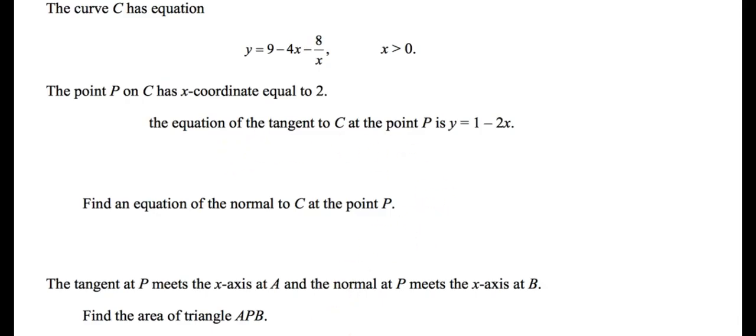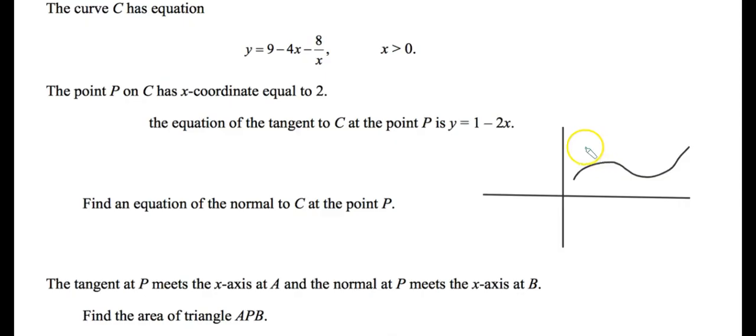So if we maybe do a quick sketch again just to get a feel for the question. Again, the actual accuracy of the curve doesn't matter too much, it's just really getting an understanding of it. So we know we have some kind of curve, maybe it looks like this, and we know the equation of the tangent at P is y = 1 - 2x. So let's actually draw that in.